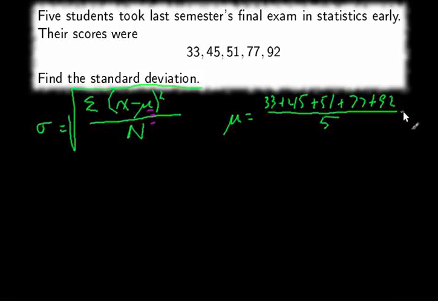So mu is equal to 59.6. Then we need to calculate the deviations, one for each datum, square them, add them up, and then divide by the total number of data.